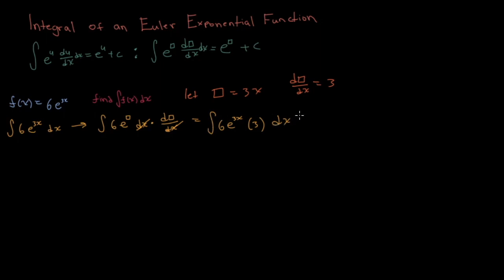We just have to cancel out the 3 somehow, and we do that by multiplying by 1 over 3.